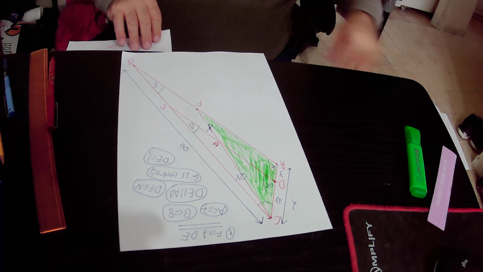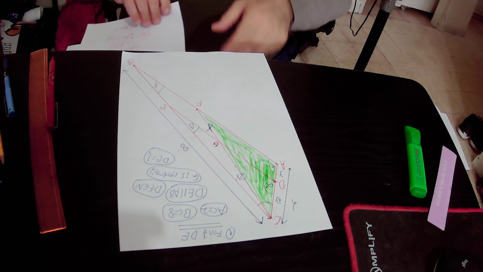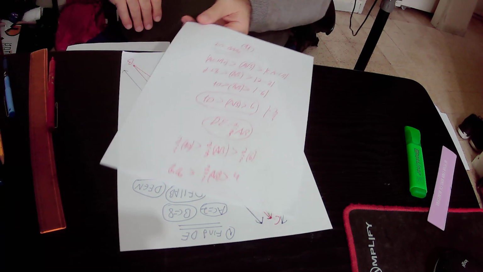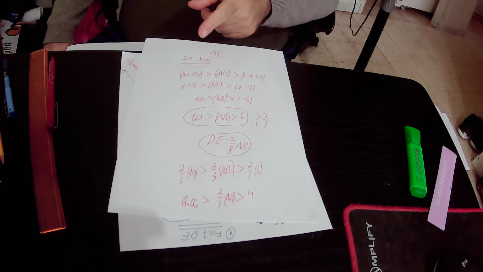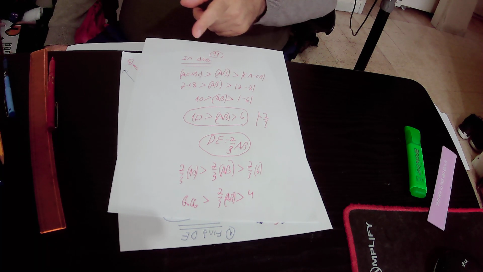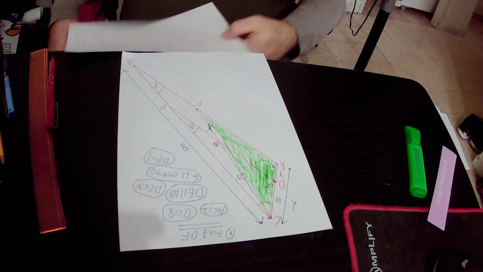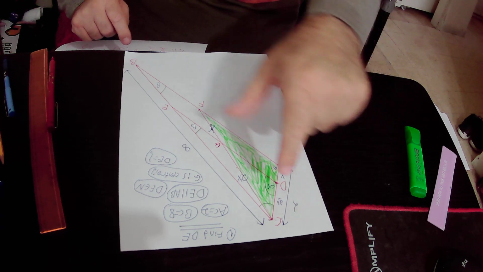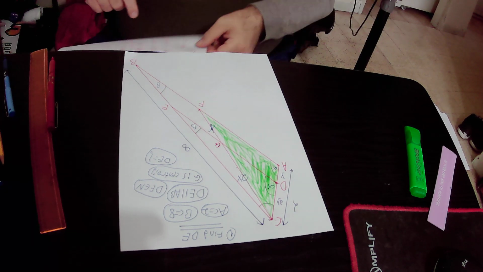If we relate to side AB in triangle ABC, we can say that AB from one side is smaller than the sum of the other two sides. That is to say, AB is smaller than AC plus CB.